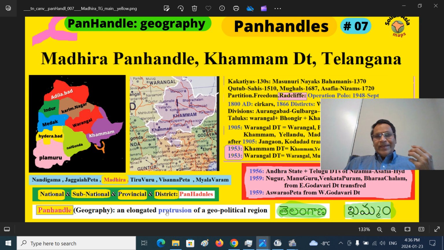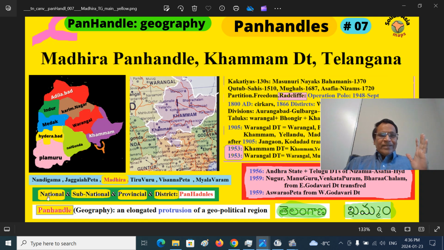A salient means a very important thing that you can immediately see. It is a geopolitical region, an administrative region. So if you think this is a geopolitical bigger region, Telangana, this small one, like a taluk, Madhira, is protruding out of this into the surrounding Krishna district of coastal region or Sarkar region of Andhra Pradesh.